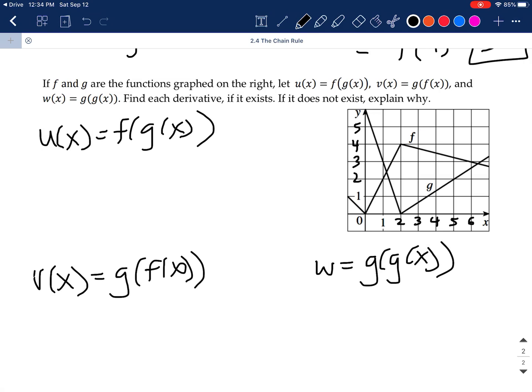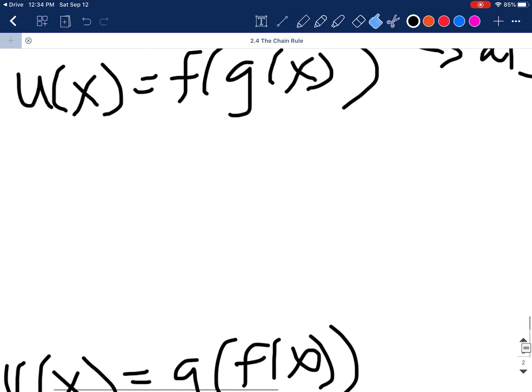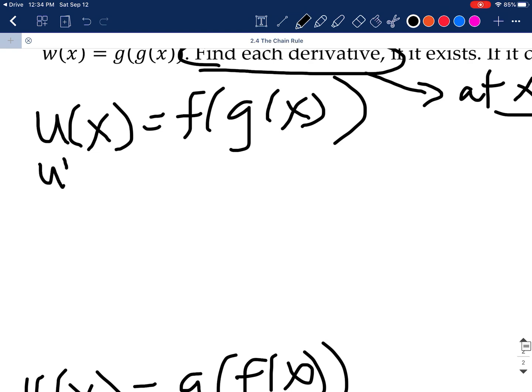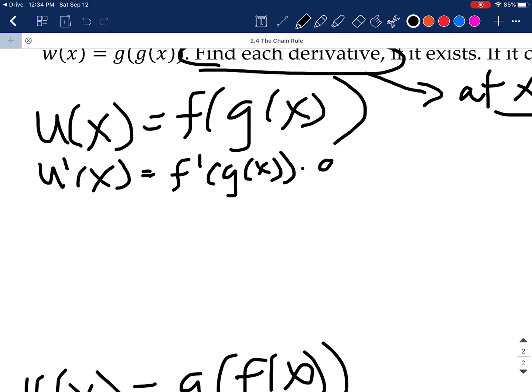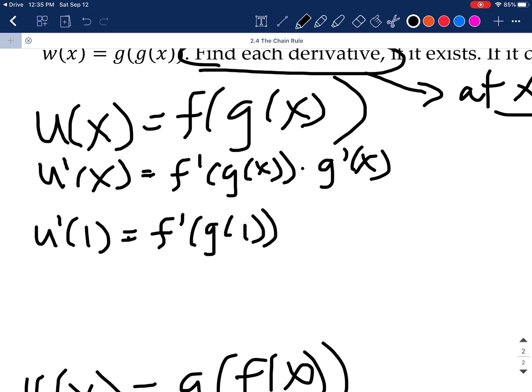So let's go ahead and compute those functions. On your notes, it should say at x equals 1. All right, so let's go ahead and compute those. So u prime of x is going to be f prime of g times g prime. So u prime of 1 will be f prime of g of 1 times g prime of 1.